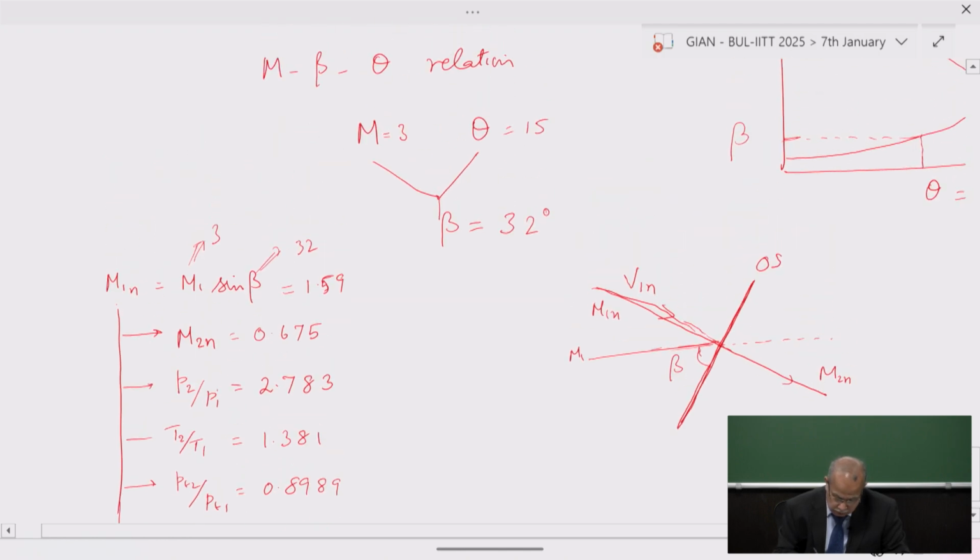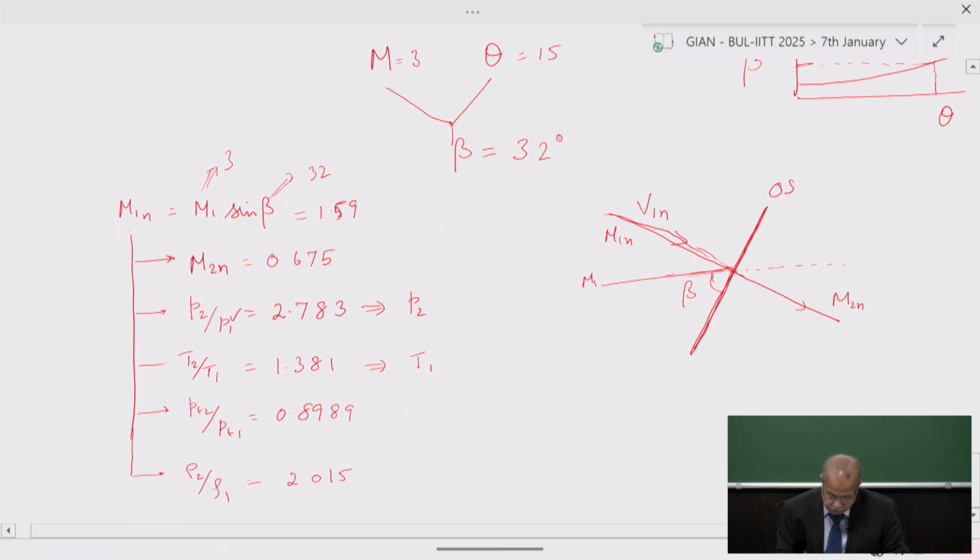Now, P1 is known to us. From this, we can find P2. Similarly, we can find T2 from T1. M2 is 0.6715. Okay.